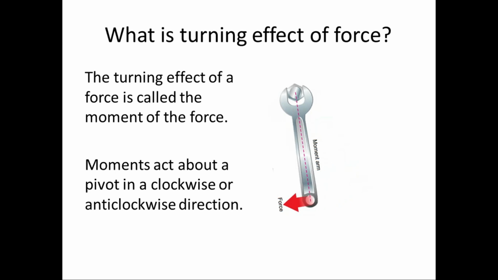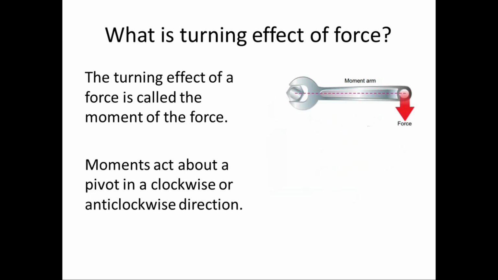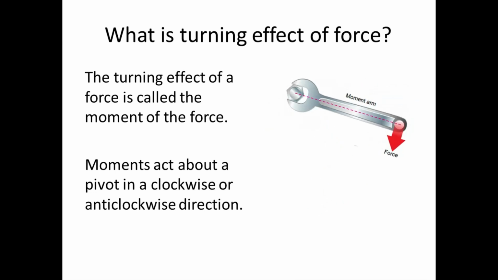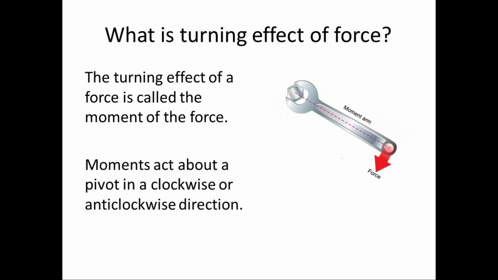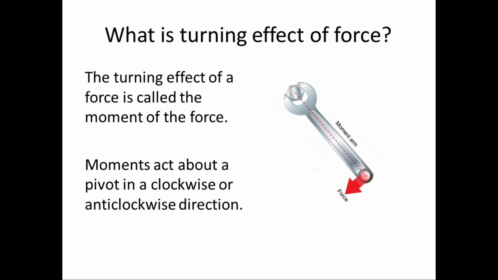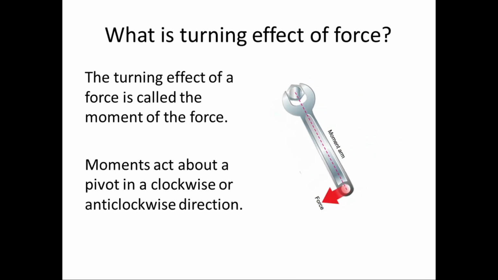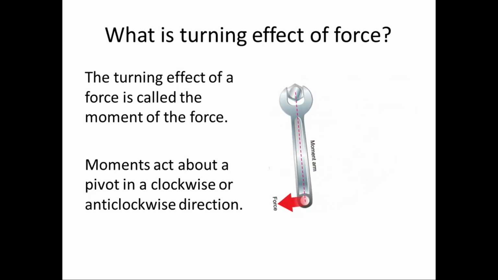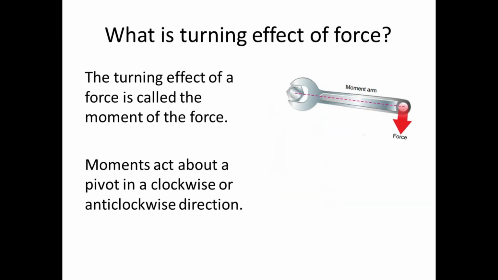So when a force is applied and a body starts rotating about a fixed point, this is called the turning effect of a force, simply called torque. The larger the force, the larger the turning effect, and the larger the moment arm, the distance between the pivot point and the application of the force, as can be seen in this figure in the red dotted line, the larger the torque will be.